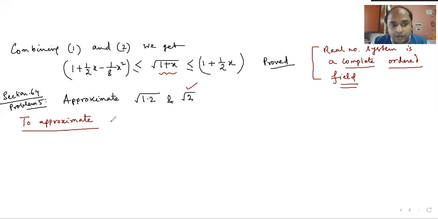So to approximate root 2, let us name this inequality as star.